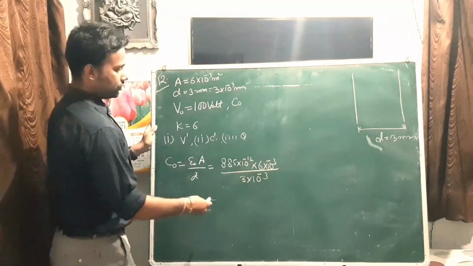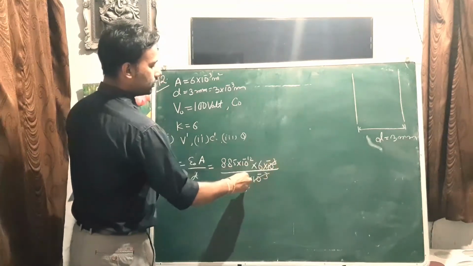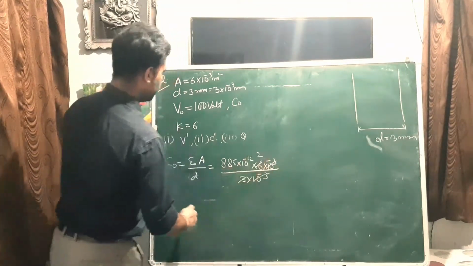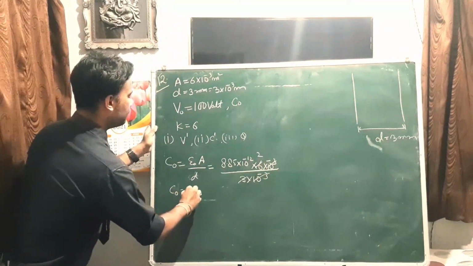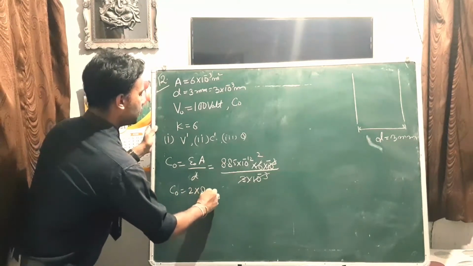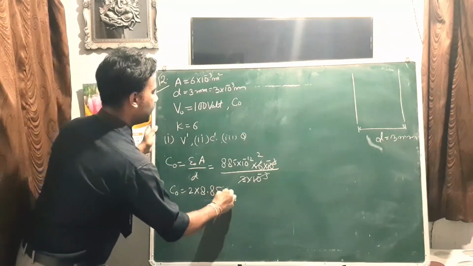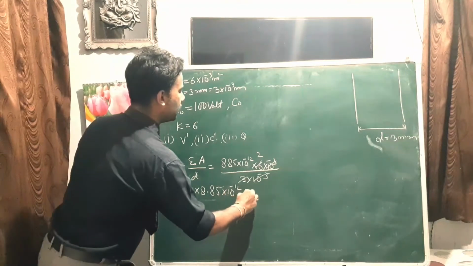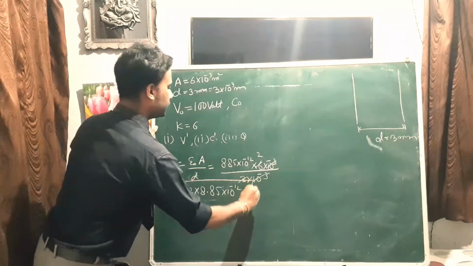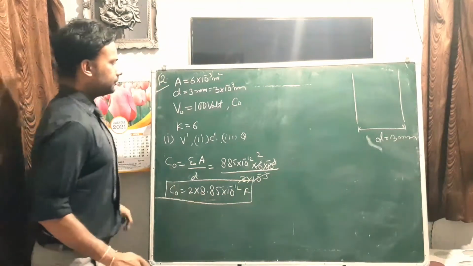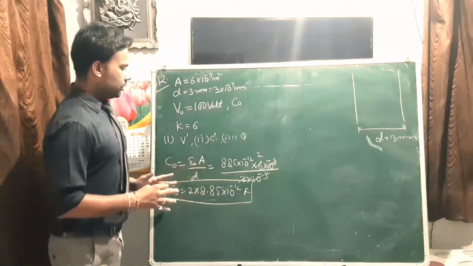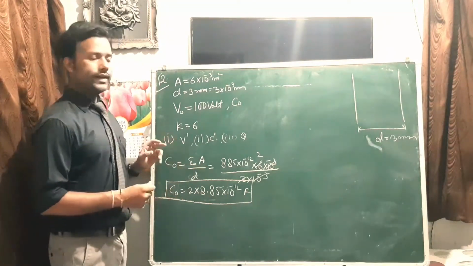So this will cancel out, this will be twice. So C0 will be twice of 8.85 into 10 to the power minus 12 farad. I am not calculating this part. Okay. Now, first V dash.